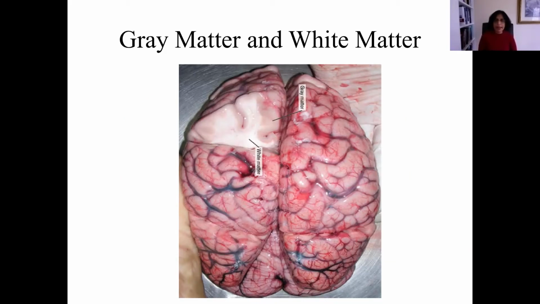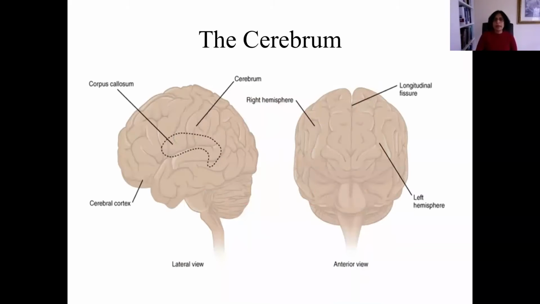Okay, with that, we will look at this view here, pretty much the anterior lateral and the anterior view. You're looking at the two hemispheres, right and left. You have the gyri, the sulci, a longitudinal fissure. Here is the brainstem. Well, it's the midbrain, brainstem, this whole area here.